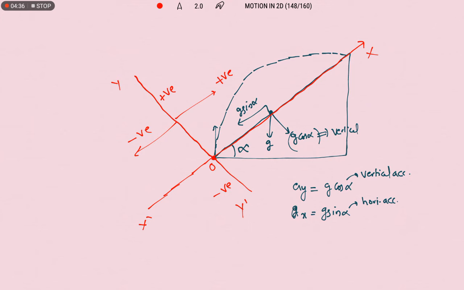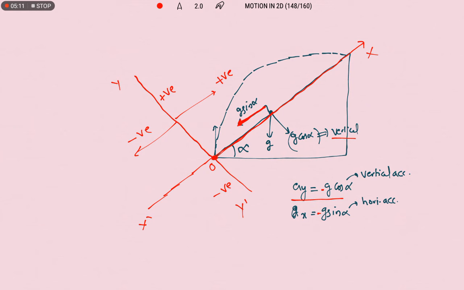Now let us assign the signs for the horizontal and vertical acceleration. The vertical acceleration is downwards, so we write minus g cos alpha. The horizontal acceleration is along the inclined plane, also towards the left side, opposite to the direction from the origin, so I take it as minus g sin alpha.